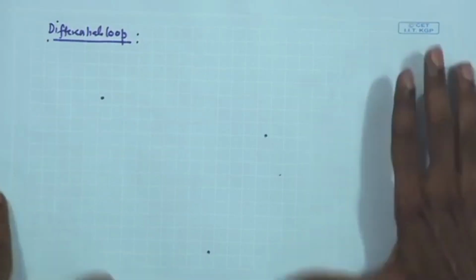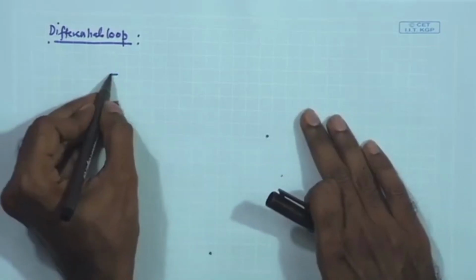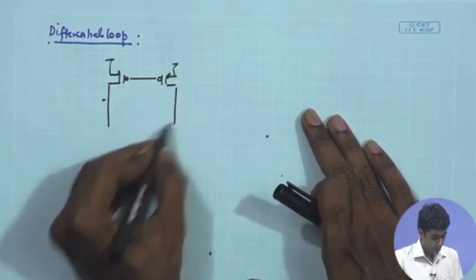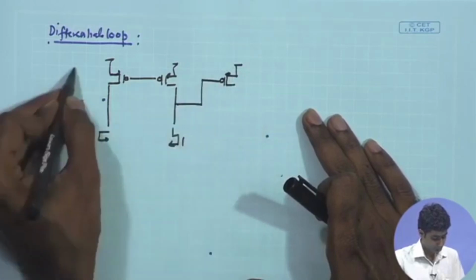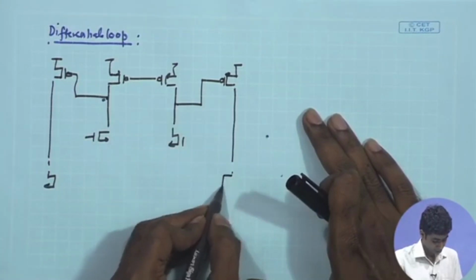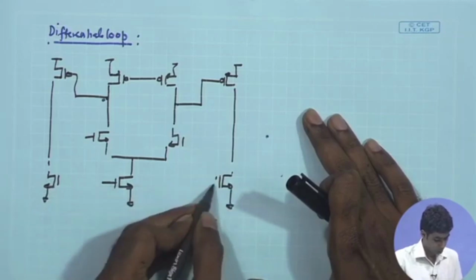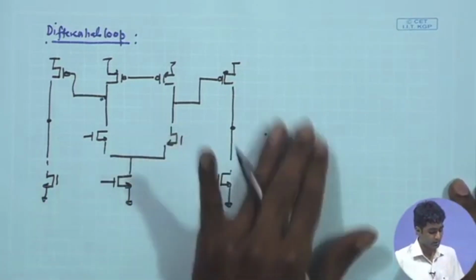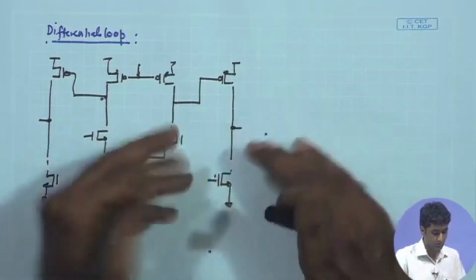For the differential loop, if I look at the overall scheme, so, for the differential loop, if we assume that you have the same common mode loop for both of them and you have stabilized the common mode, so that this point is at the DC potential required to maintain an output common mode voltage equal to the required value.